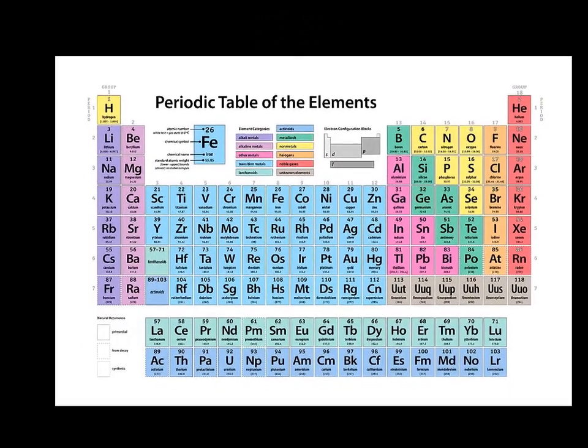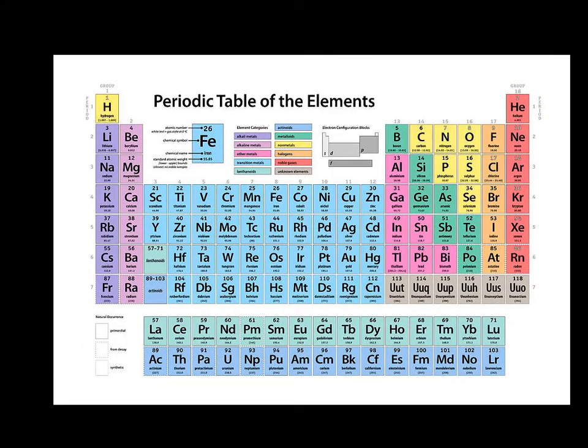So here's the periodic table. There are 118 elements. Not all of them are naturally occurring. We'll talk a little bit about that in class. But this is a comprehensive list of all the known elements in the universe.